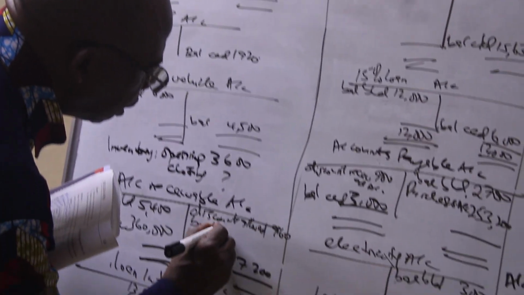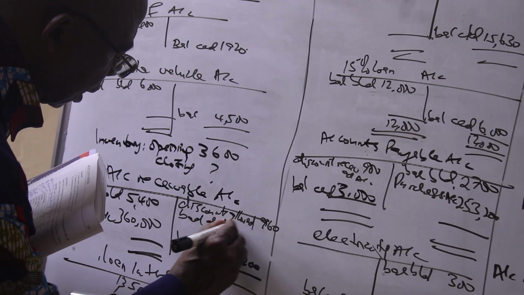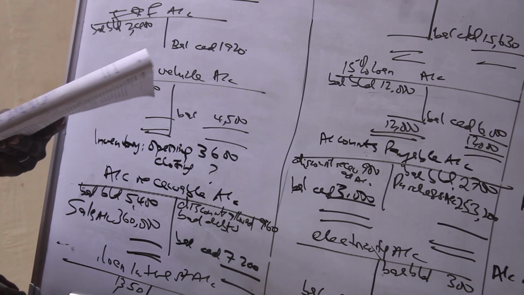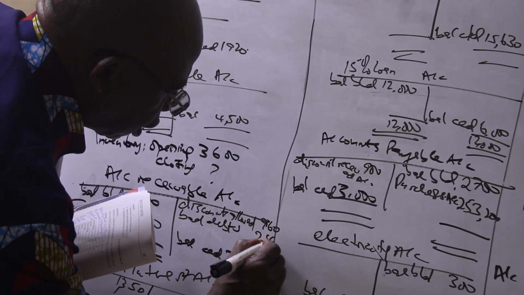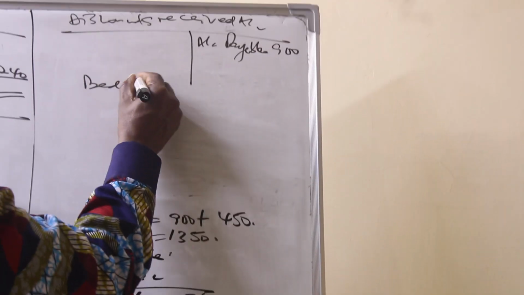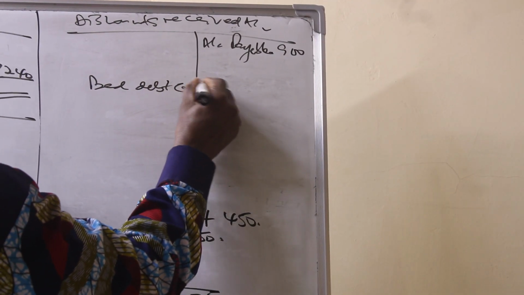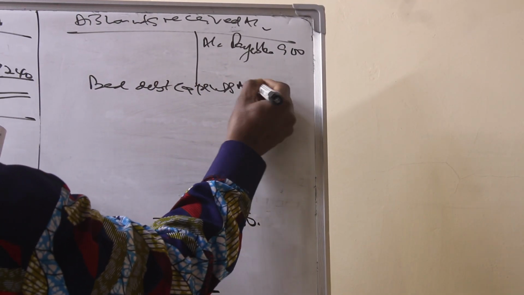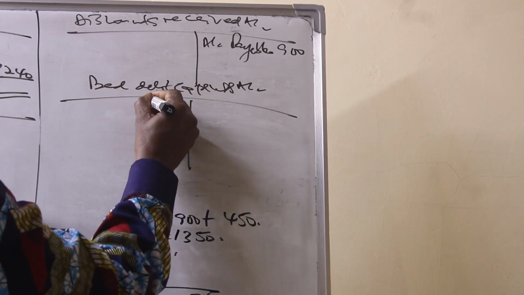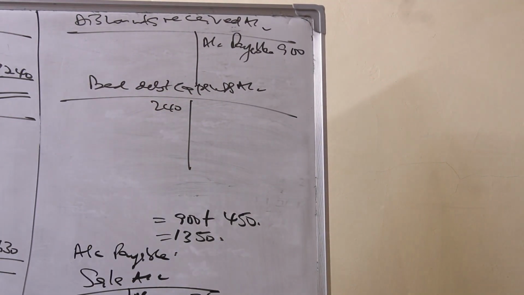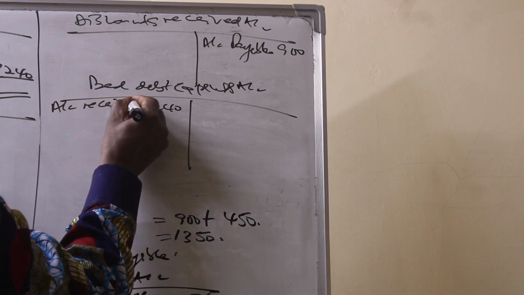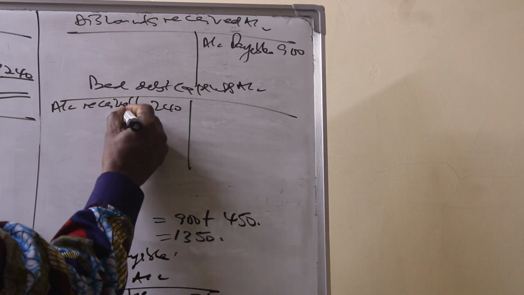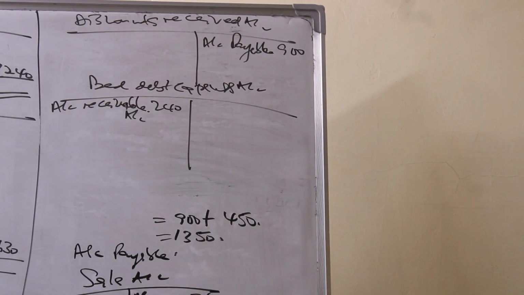So we credit accounts receivable with 240 as we debit bad debt expenses account. It is 240 and it is coming from accounts receivable. We are writing off debt.